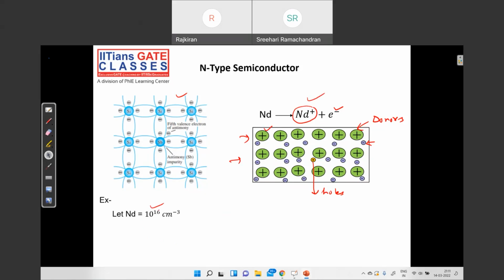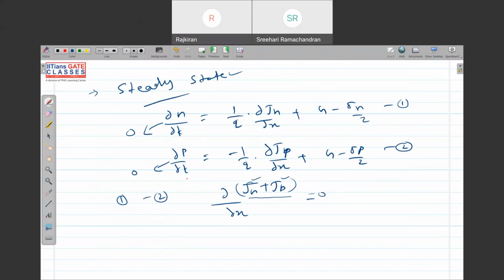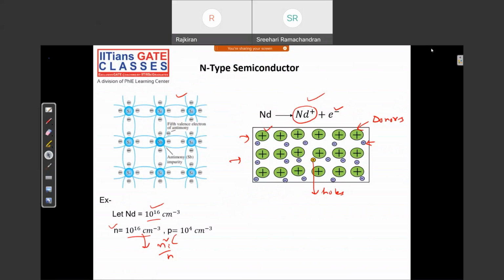It's just a simple example. Suppose ND is equal to 10 power 16 per centimeter cube. Then the concentration of electrons will be approximately equal to 10 power 16 per centimeter cube. And the hole concentration will be ni squared by n, which will be approximately equal to 10 power 4 per centimeter cube.